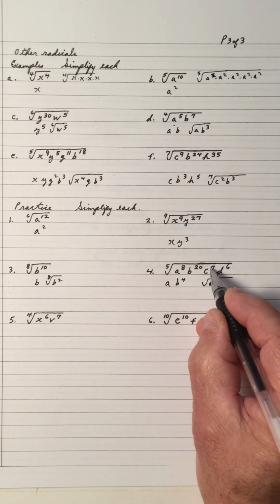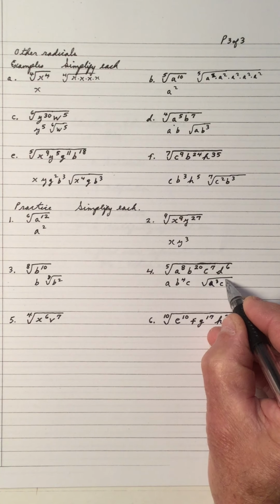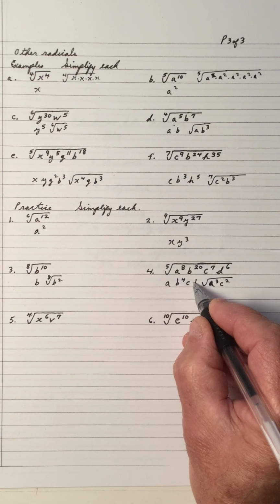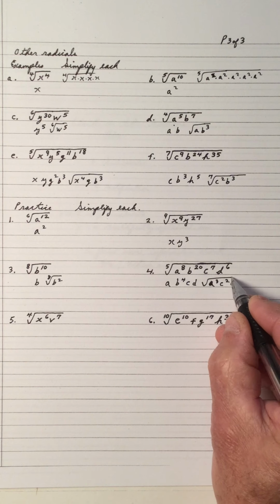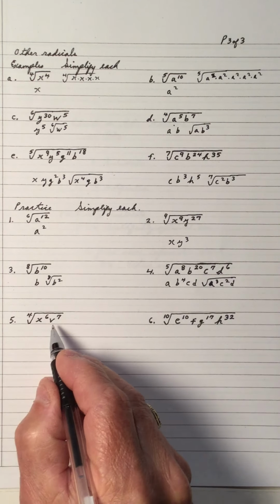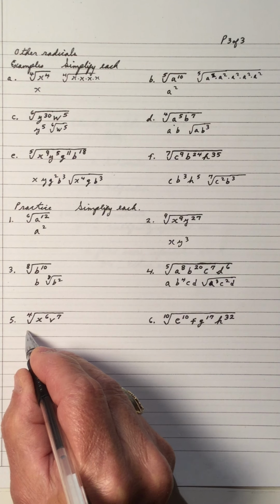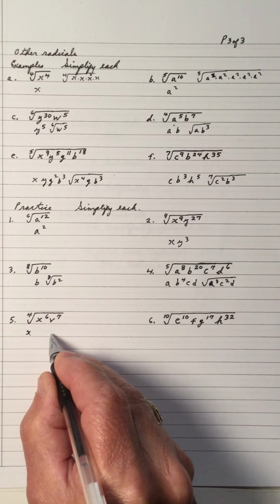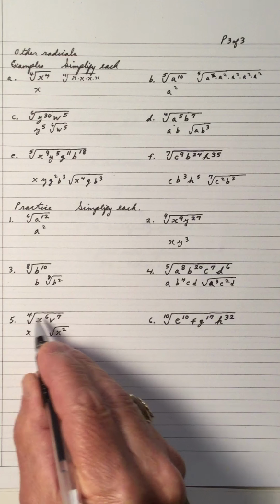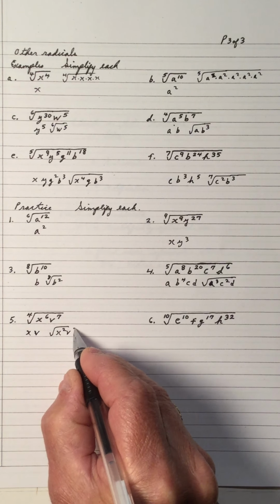No B's left over. 7 divided by 5 is 1 and 2 left over. 6 divided by 5 is 1 and 1 left over. Fourth root means you need 4 of them. So 6 divided by 4 is 1 and there's 2 left over. 7 divided by 4 is 1 and there's 3 left over.